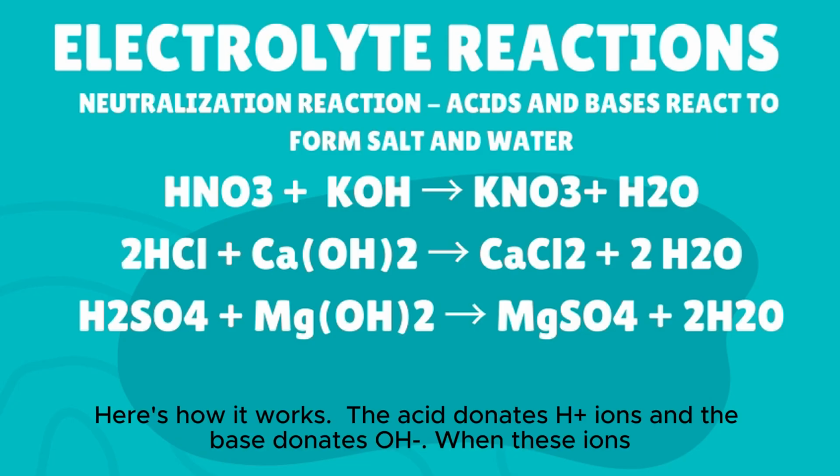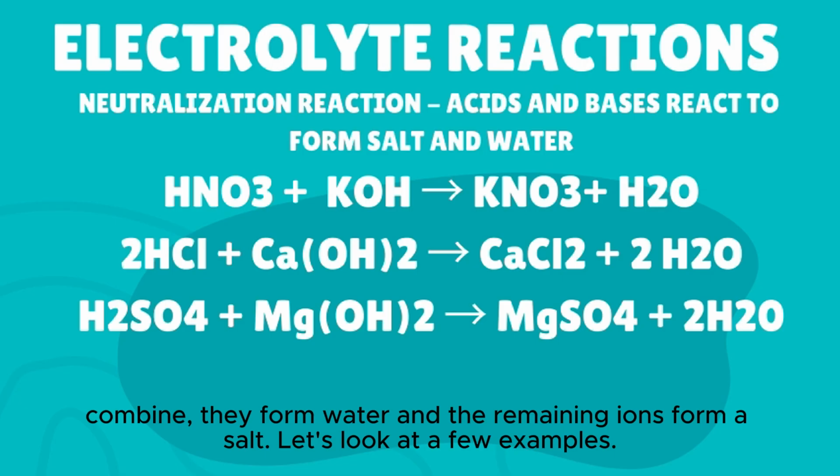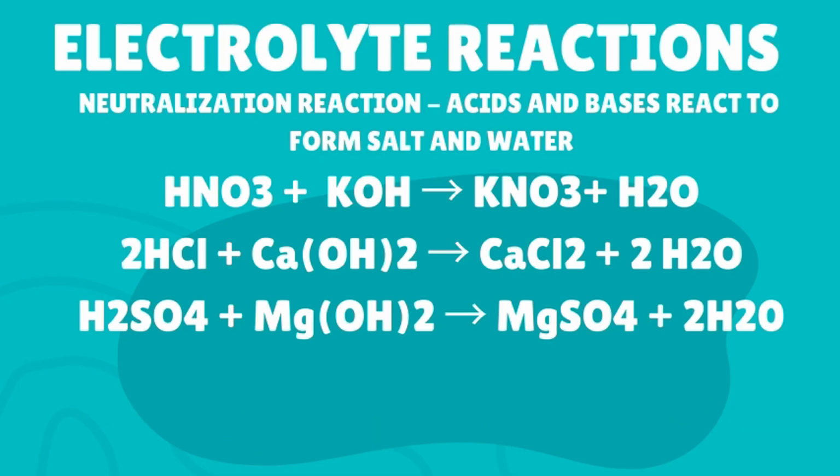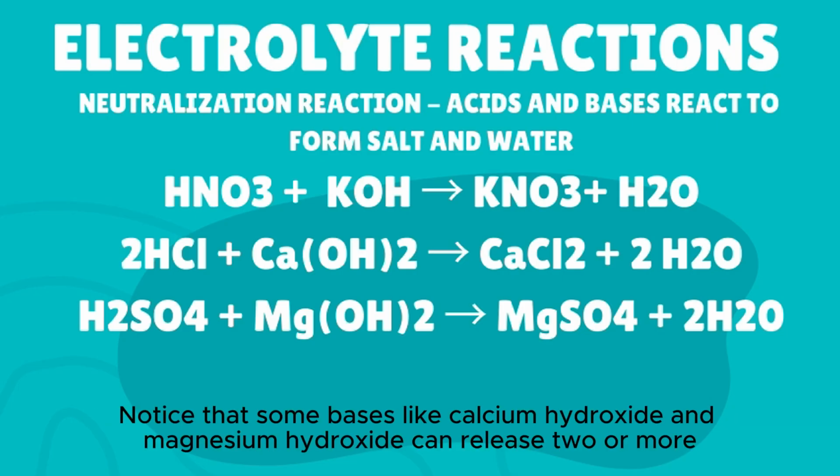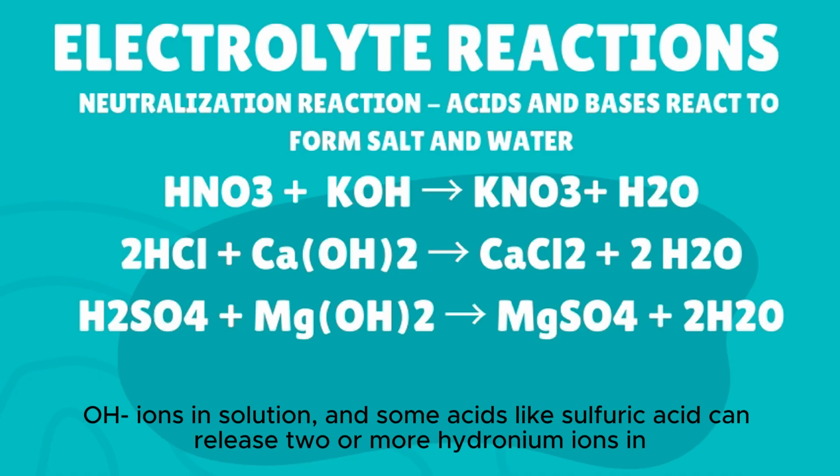The acid donates H+ ions and the base donates OH-. When these ions combine, they form water, and the remaining ions form a salt. Let's look at a few examples. Notice that some bases like calcium hydroxide and magnesium hydroxide can release 2 or more OH- ions in solution, and some acids like sulfuric acid can release 2 or more hydronium ions in solution.